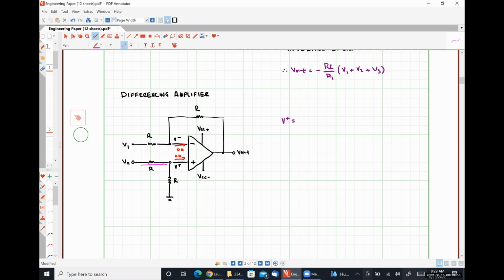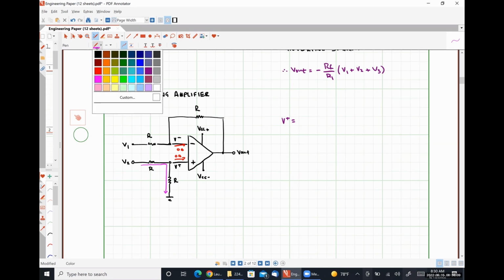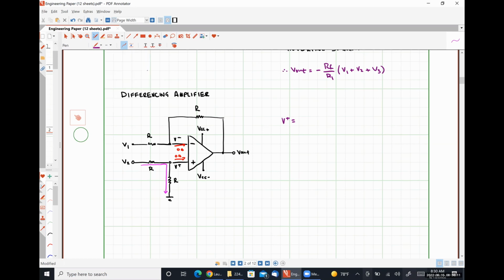None of the current can branch off and flow into the non-inverting input terminal, so all of the current leaving the positive polarity terminal of input voltage V2 must flow down through that second resistor R. So using voltage division, we can then see that V plus is simply V2 times R over R plus R, or 1/2 V2.